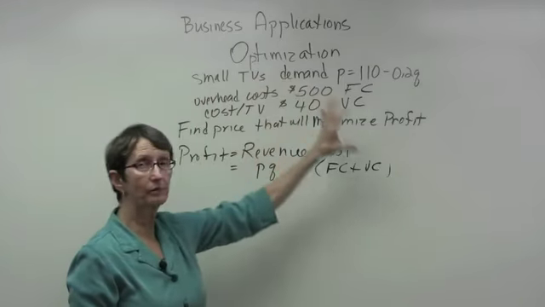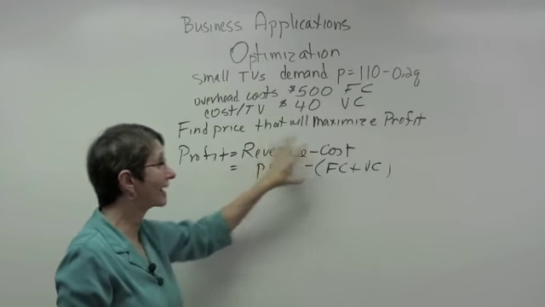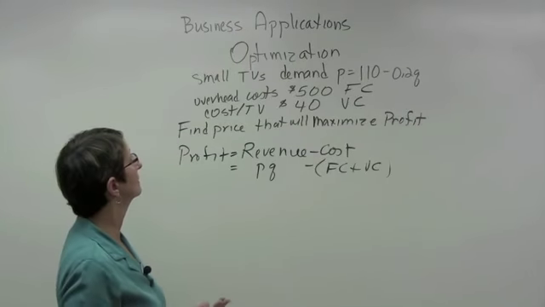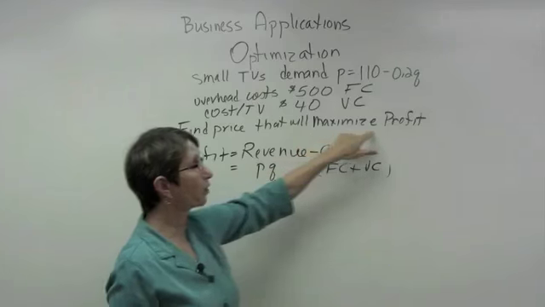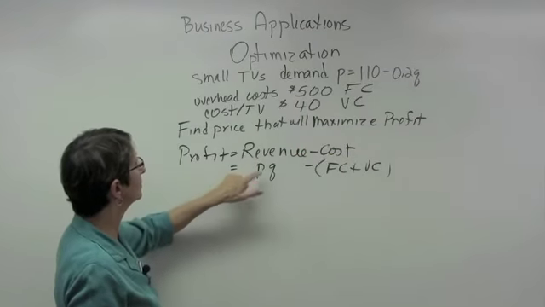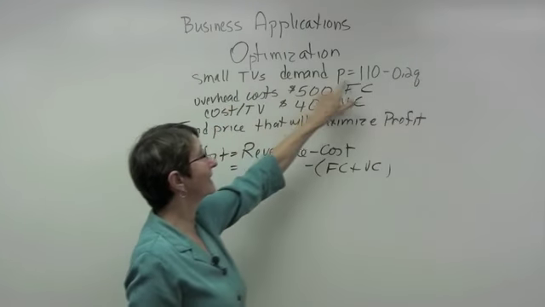So all of this we've worked on this semester, and we have to take all this again and work with it after all those derivatives that we did. Maximize profit, that's why we need the profit equation. Revenue is price times quantity. My price is an equation.